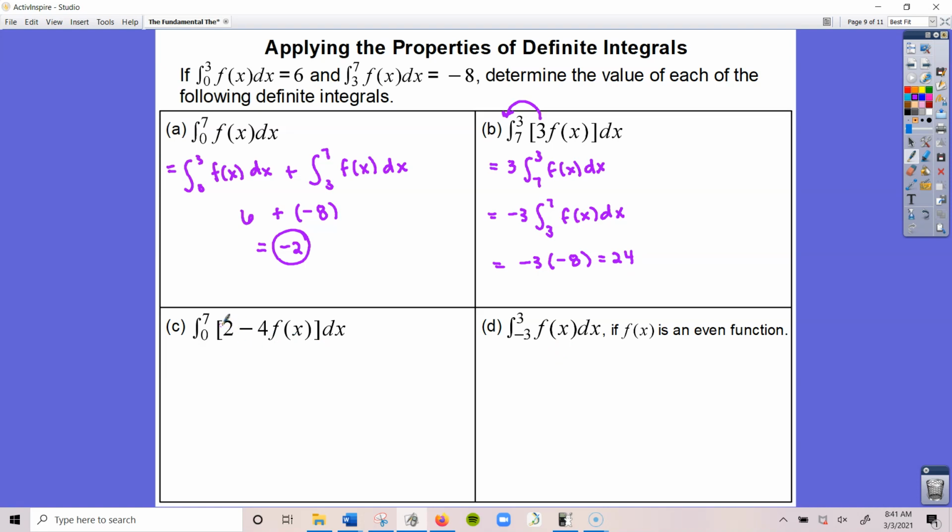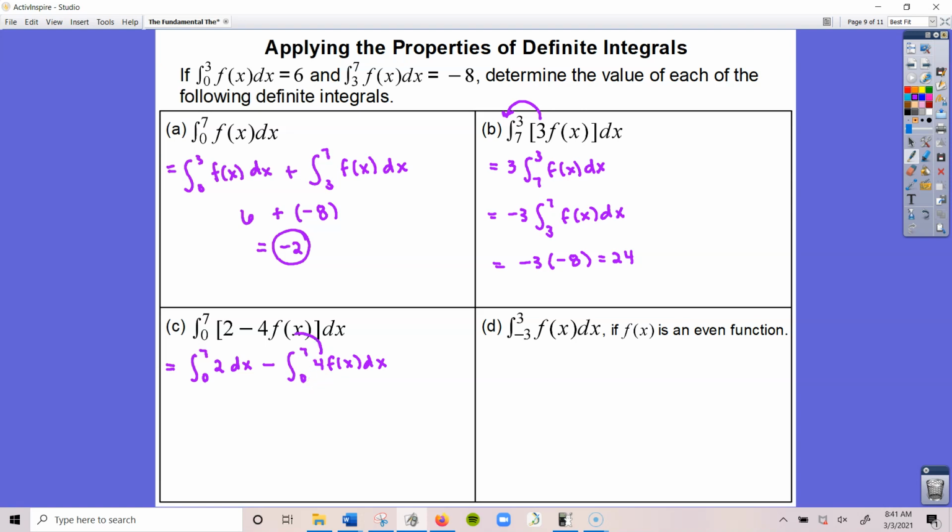Over here, we have the integral from 0 to 7 of 2 minus 4 f of x dx. For this one, I don't know what this value would be if I were to integrate it right away because it's not given. So we can actually separate this. This is the same thing as saying the integral from 0 to 7 of 2 dx minus the integral from 0 to 7 of 4 f of x dx.